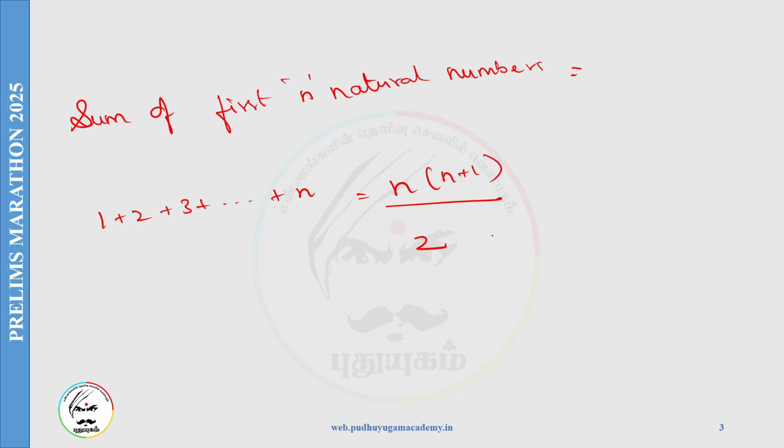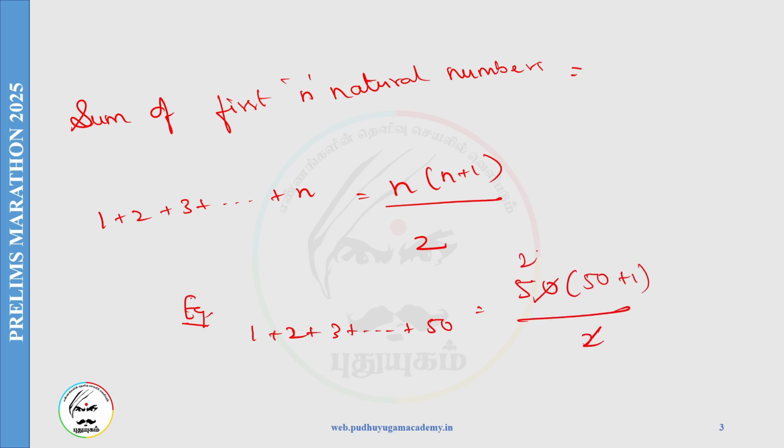Let's say for example 1 plus 2 plus 3 plus up to 50. The formula is 50 into 50 plus 1 divided by 2, right? The answer is 25 into 51, it is 1275, right? So this is how we will be solving, right?